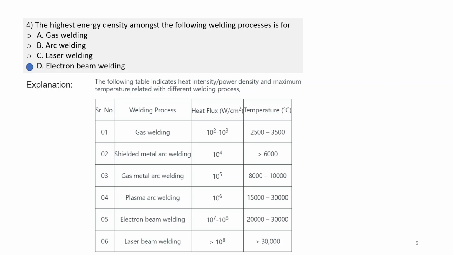Gas welding uses 10 to the power 2 to 10 to the power 3 watt per centimeter square heat flux, and in case of shielded metal arc welding 10 to the power 4, in case of gas metal arc welding 10 to the power 5, 10 to the power 6 in case of plasma arc welding, and electron beam welding 10 to the power 7 to 10 to the power 8, and in case of laser beam welding it is around 10 to the power 8.